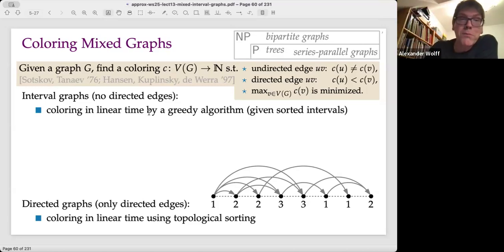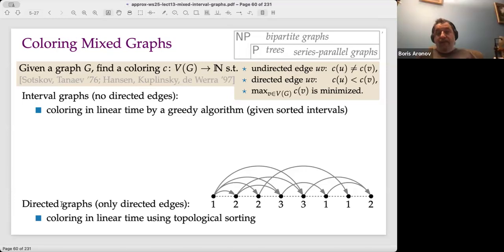So one extreme is I only have undirected edges, then it's easy. The other case is I have only directed edges, then it's also easy. But now, what I'm asking is, you're not using your directed definition for coloring, right? Because you have a 1 after a 3.